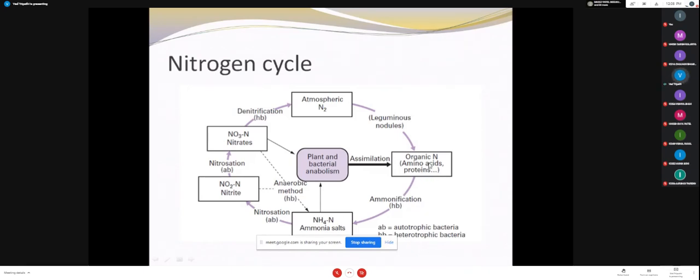Okay, in the form of amino acids and proteins. Then they are converted into ammonia salts, nitrates, and then recycled back into the atmosphere. While in between, the nitrates are absorbed by the plants and the animals, and some of them are recycled back, and then they again recycle back into atmospheric nitrogen.